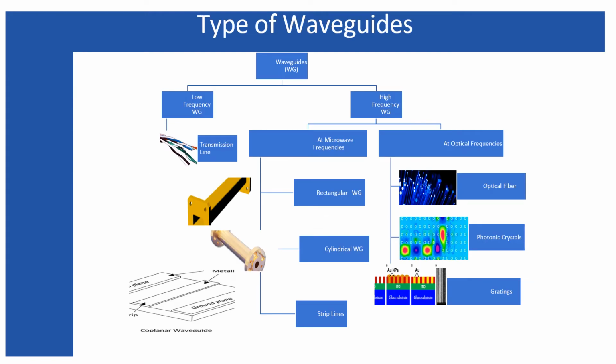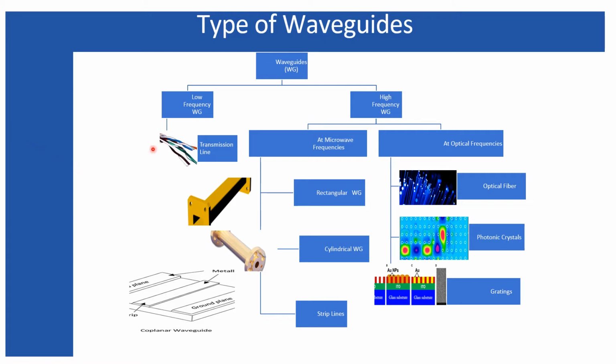The waveguides are broadly categorized into two groups. First one is the low frequency waveguides and next one is the high frequency waveguides. Low frequency waveguides are the transmission lines, such as the twisted pair cables which are used for electrical circuits.